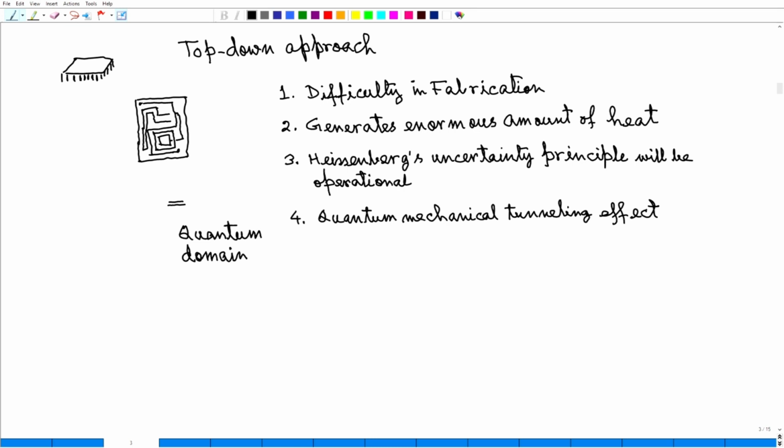I do not know whether I misspelled tunneling. Anyway, you write it, this is called tunneling. My spelling may be wrong, I do not remember this. So the quantum mechanical tunneling effect will be operational. What is the quantum mechanical tunneling effect?